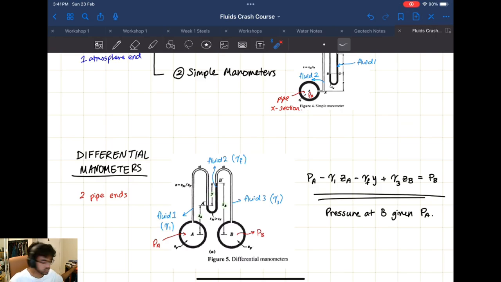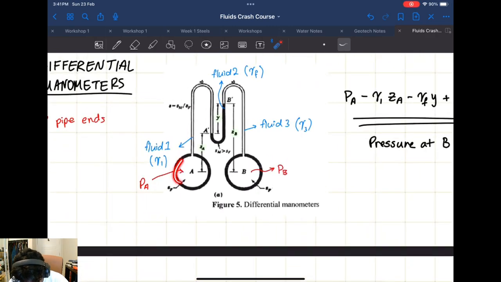And within those, there's going to be certain fluids again. So these are our two pipes, pipe cross sections. In our tube, the first part consists of fluid 1. Then it's got a different fluid here, and then it's got another fluid which finally connects to pipe B, right?